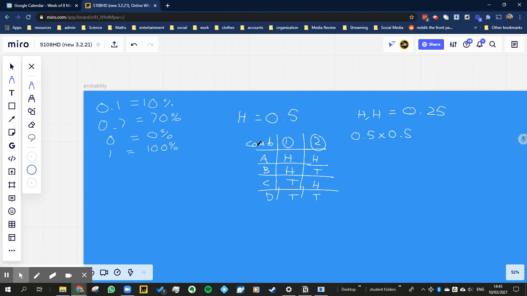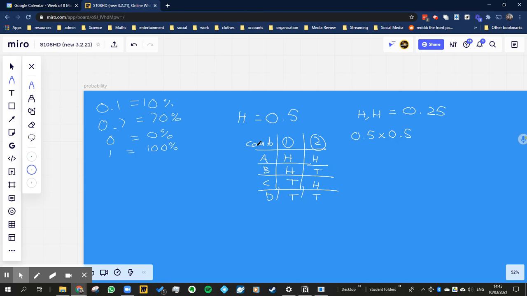So when we want two events happening, head and then also a head a second time, the chance is 0.5 times 0.5.